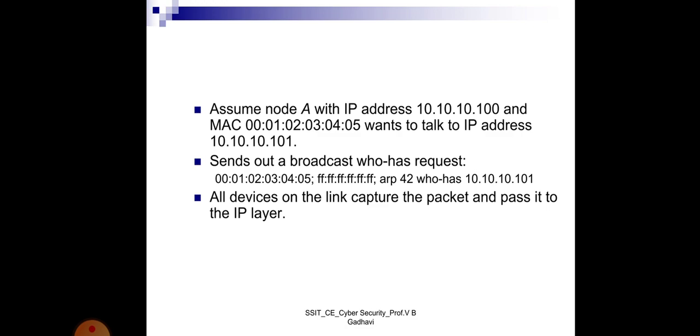All devices on the link capture the packet and pass it to the IP layer. Here we see the IP 10.10.10.101 is the only one to answer all the requests it received from a particular device or particular MAC address.